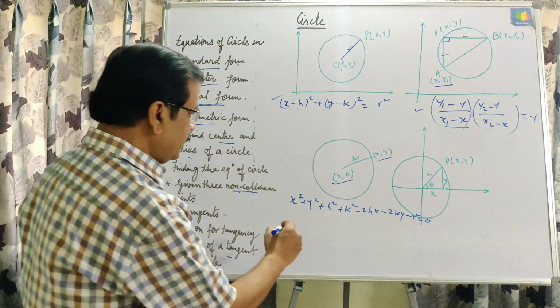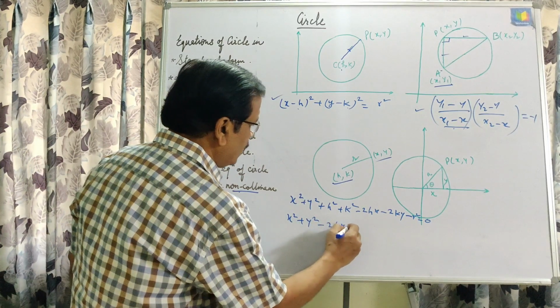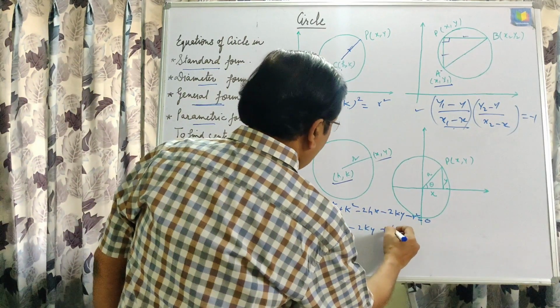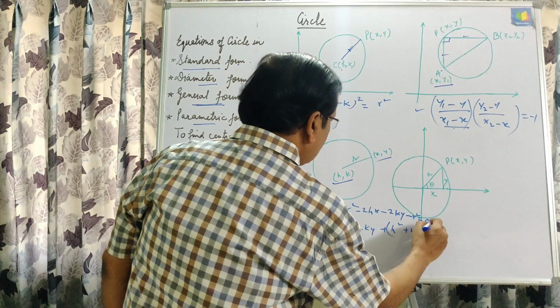Now this can be written as x square plus y square minus 2hx minus 2ky plus h square plus k square minus r square is equal to 0.